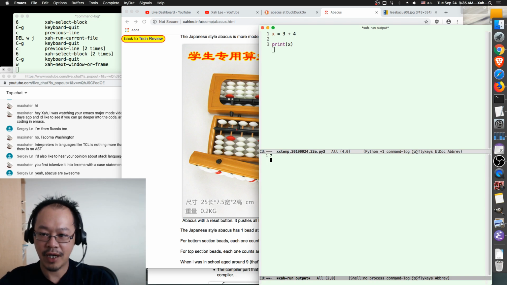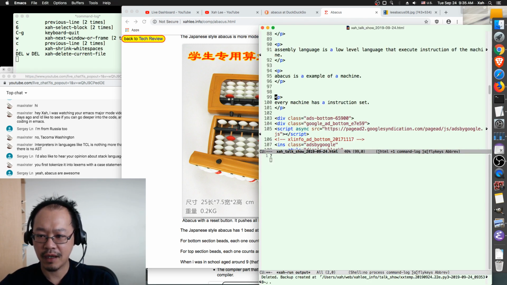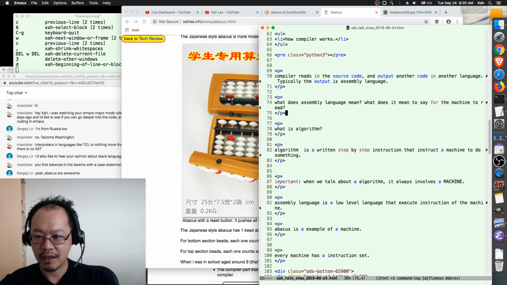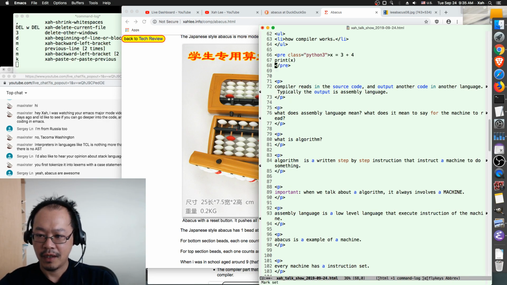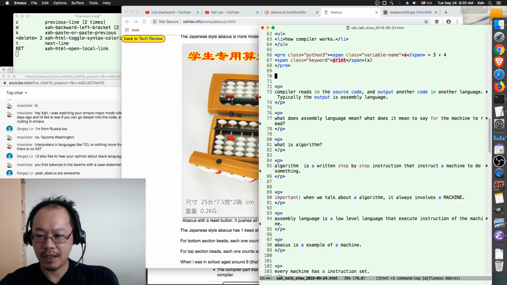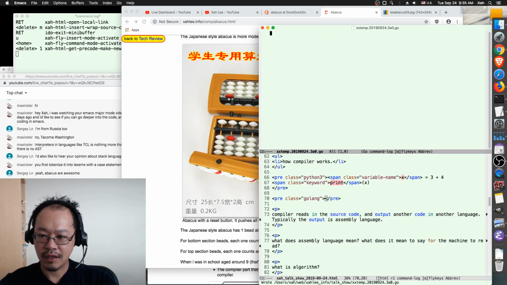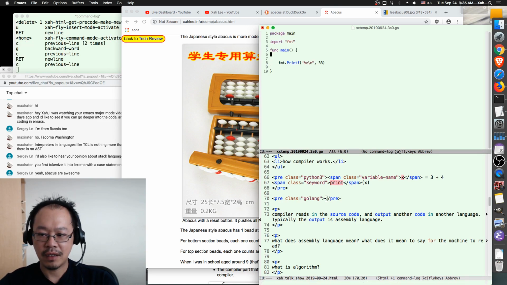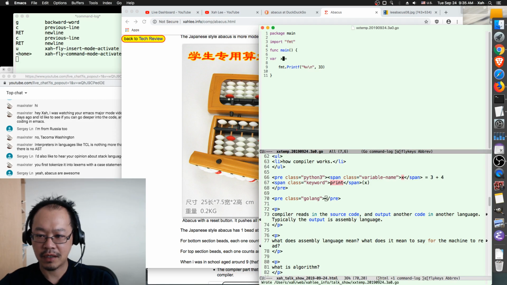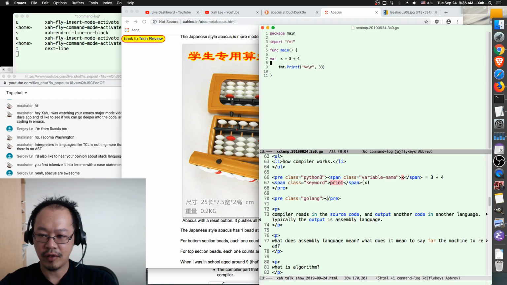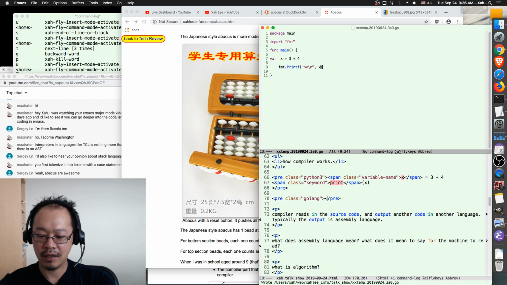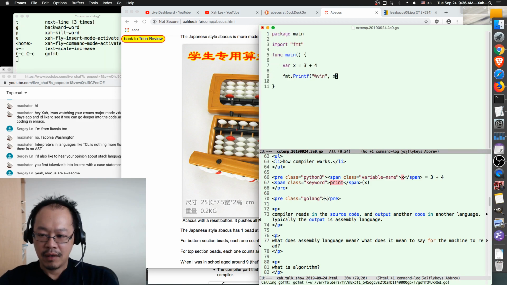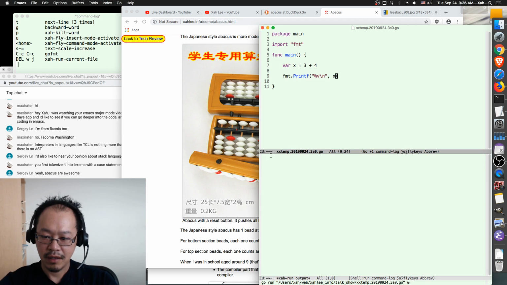For example, in Golang, so here is the Python code. Let's copy it. So Python code. Let's go back here, and let's make another Golang code. So let's go to Golang, and let's print. Let's say variable x is 3 plus 4. Okay, and print x. Run it. 7, you see.